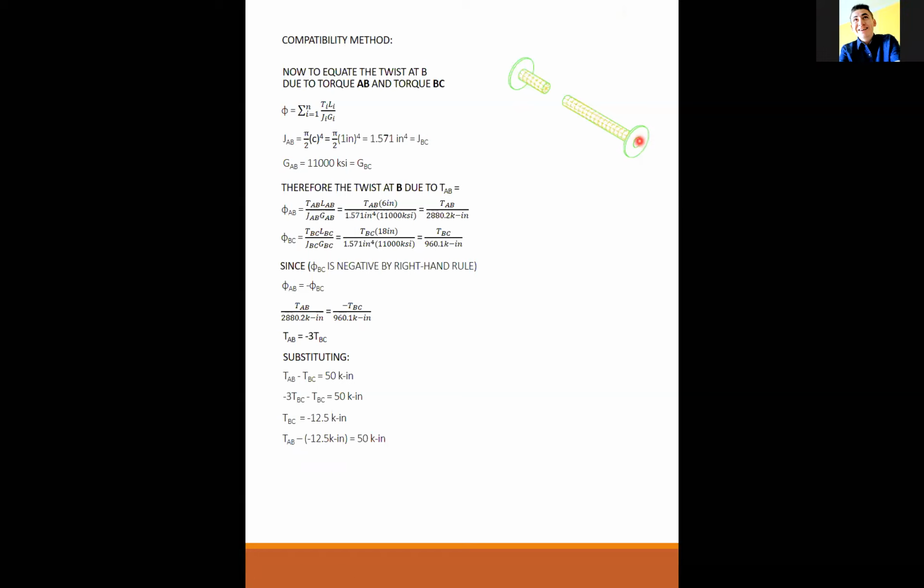Yeah, so when both sides are fixed, will the twist from one cut be the same as the opposite of the twist of the other cut? Always? Yes, always. I could have made this cut anywhere along here. And where I cut it at B just happened to be the maximum twist. But if I cut it over here, you see that there's somewhat of a less than maximum twist.